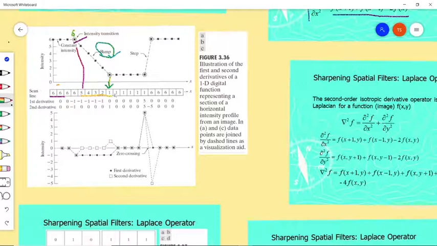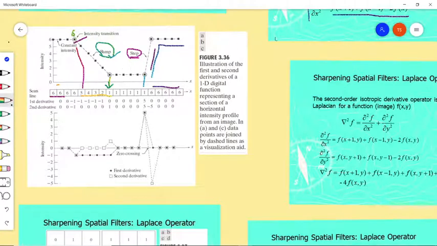And then again there is a constant intensity up to here. So again a constant intensity value, and here it is raised, and again it is constant intensity. The raised edge we call a step, the falling one is called the ramp and the raised one is called the step.